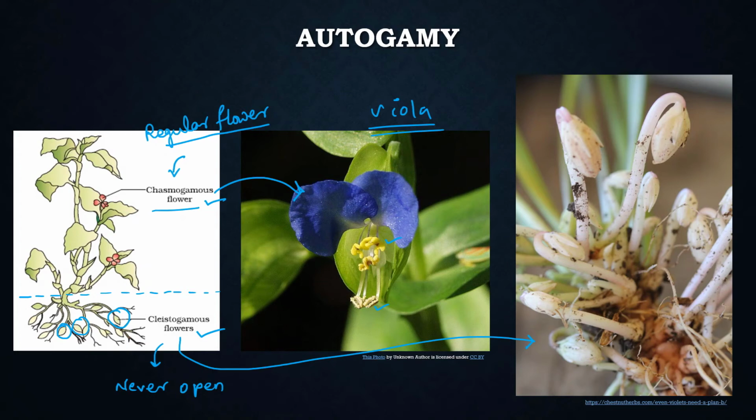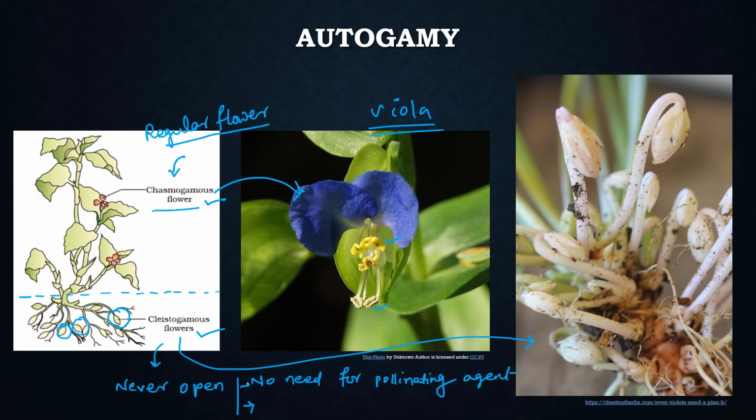So what is the benefit of this? Because they are Clistogamous flowers, because they never open, there is no need for pollinating agents. And what is the benefit of this?